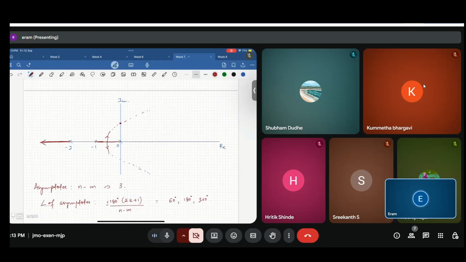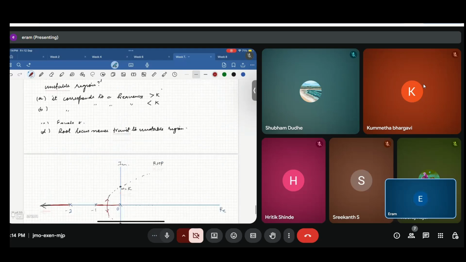At this point it is crossing the imaginary axis and it is going to the unstable region, because this RHP is the unstable region. And this frequency omega is equal to k. Okay, this much information we have.